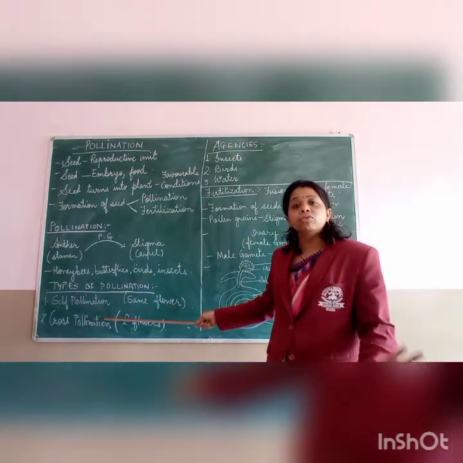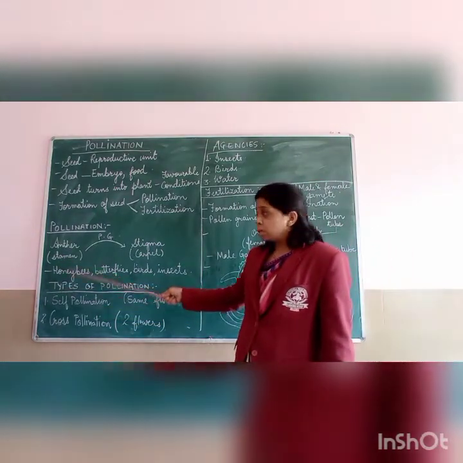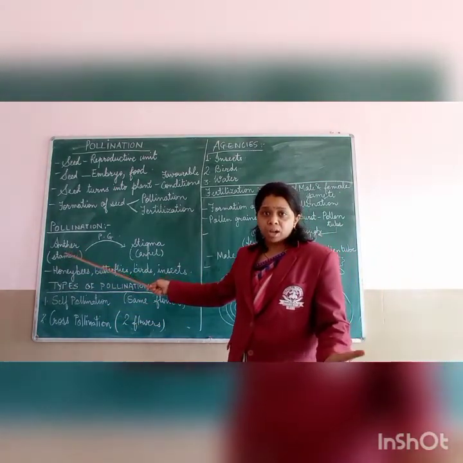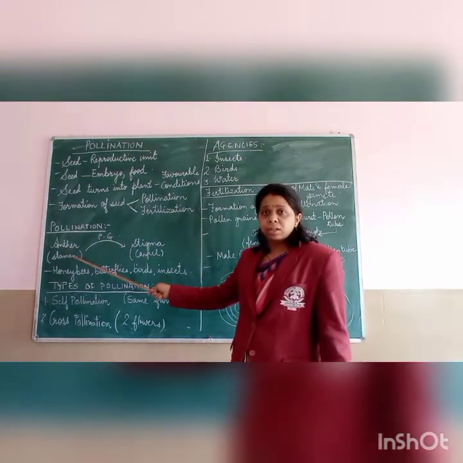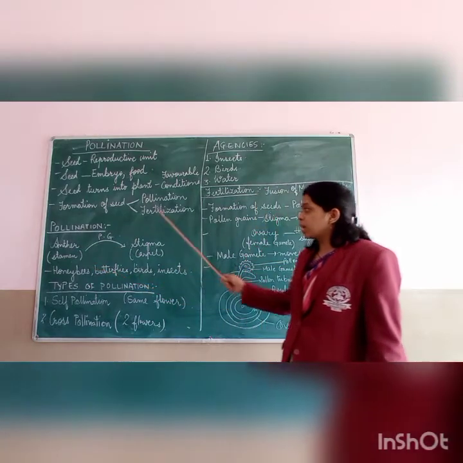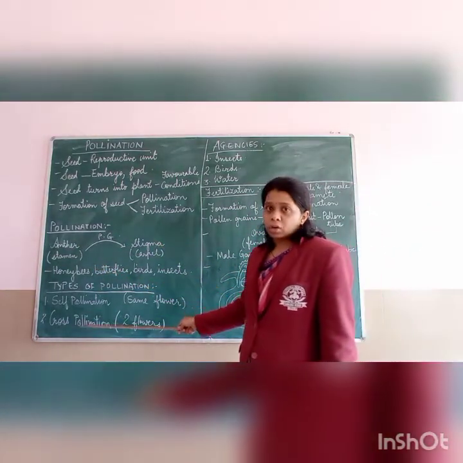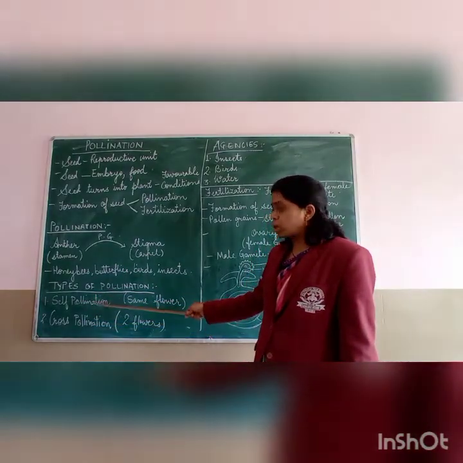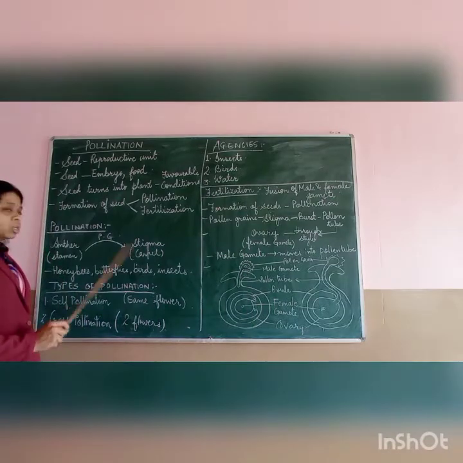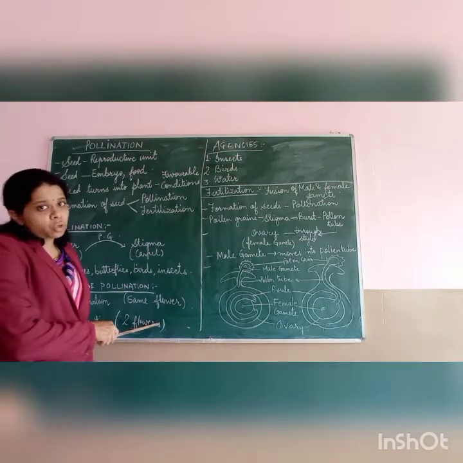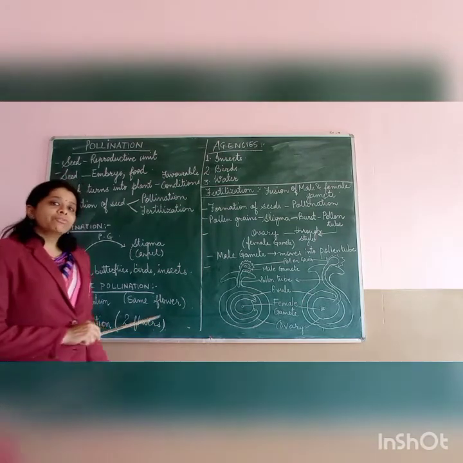It requires two flowers. Here the pollen grains from the anther of one flower get transferred to the stigma of another flower. I hope you have understood self-pollination and cross-pollination. Self-pollination means transfer of pollen grains within the same flower, whereas cross-pollination means transfer of pollen grains from one flower to another flower.